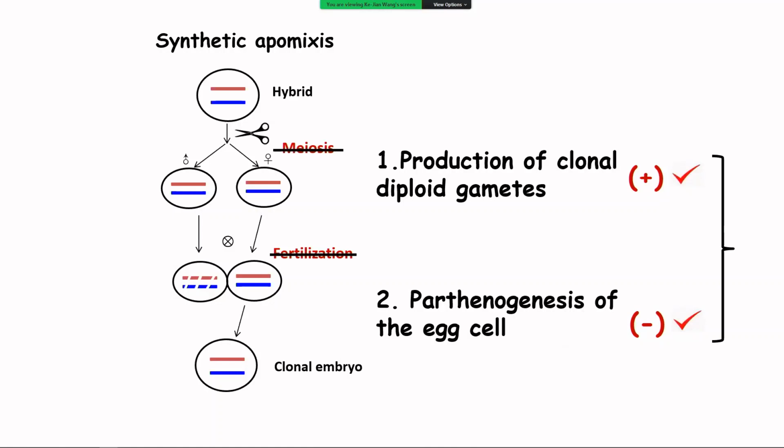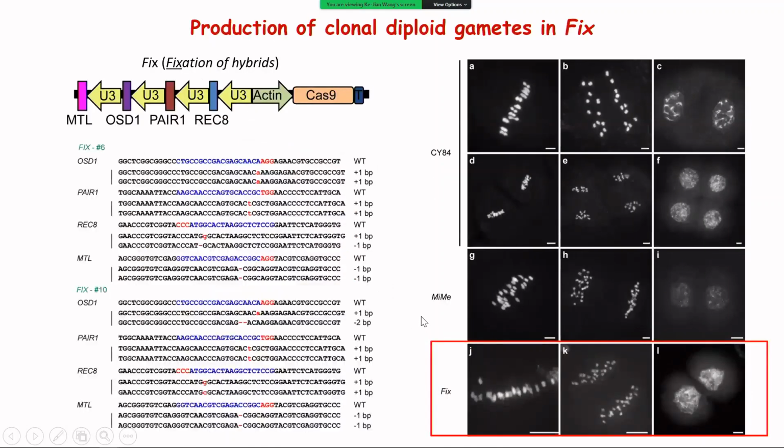After testing the feasibility of the 2 steps, we next tried to combine the 2 steps together, and wanted to know whether synthetic apomixis can be achieved and whether we can get clonal seeds. We mutated all those 4 genes mentioned above and investigated the meiosis.